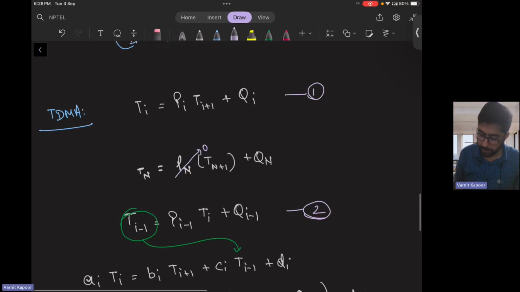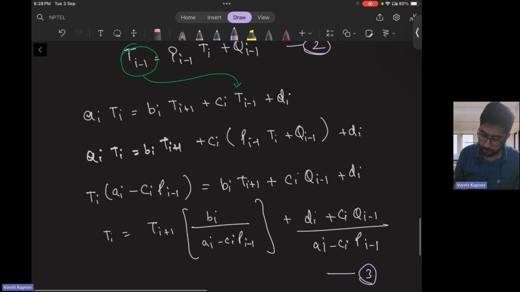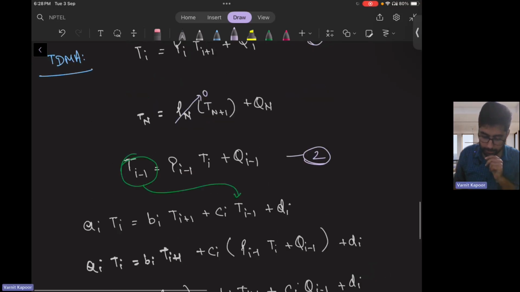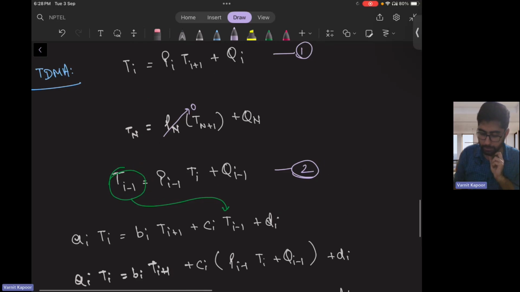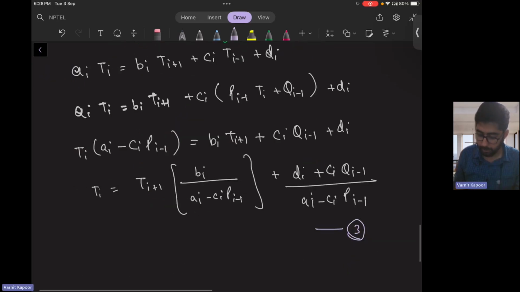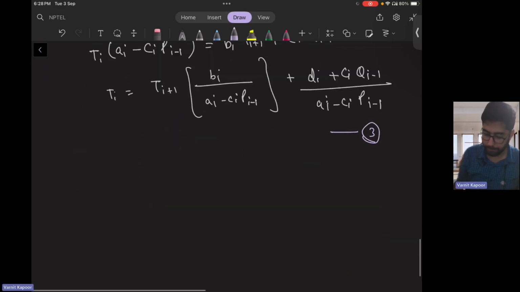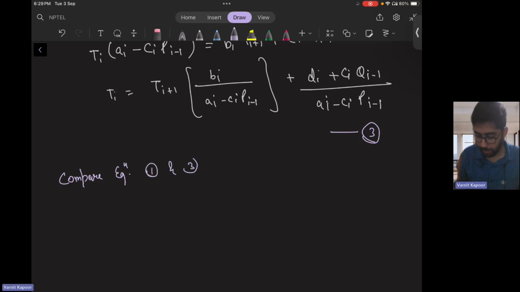Now you compare equation number 1 and equation number 3. Same equations. Equation 1: Ti is equal to P_i Ti plus 1 plus Q_i. And from equation 3, you will get the values of P_i and Q_i. Compare. Just take a minute and compare once.